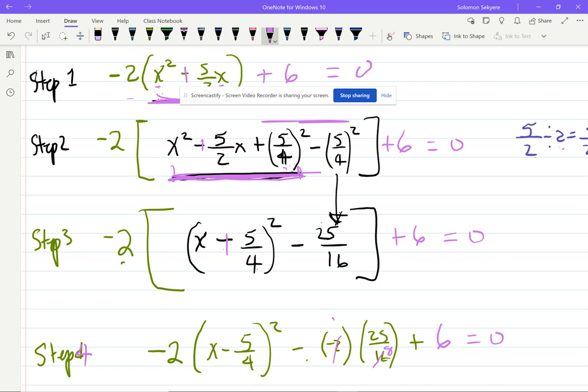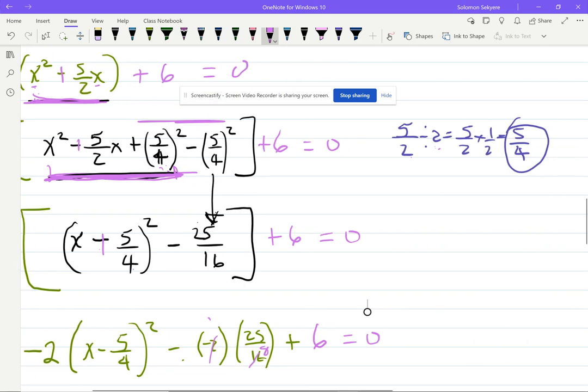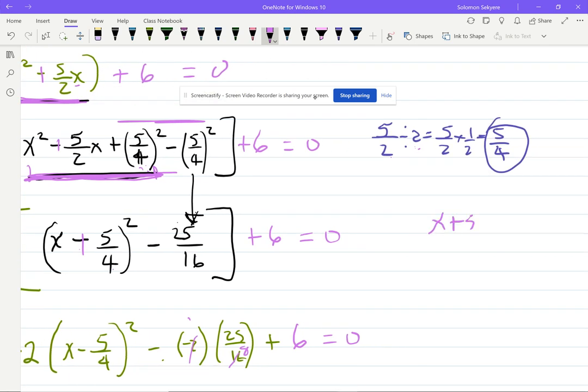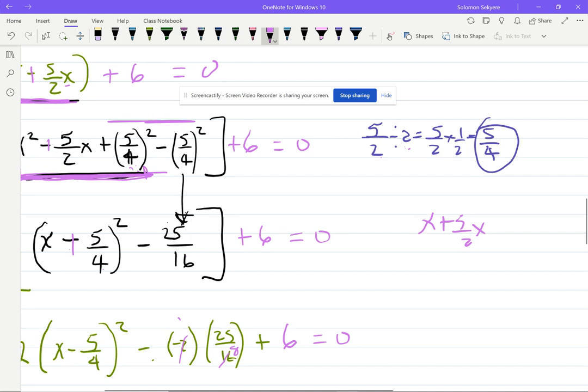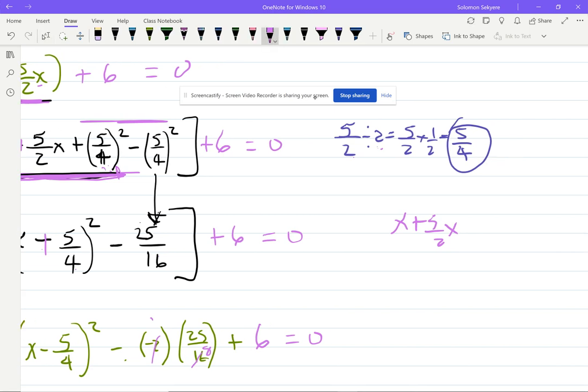So if you have x squared plus 5/2 x, how do you make it a perfect square? It is half of this squared, 5/4 squared. That's what you add to make a perfect square.